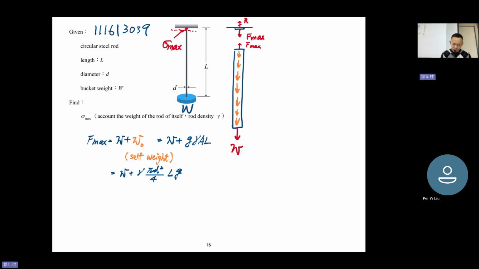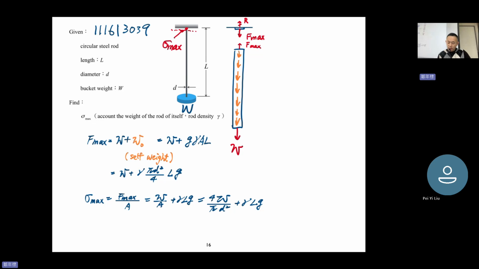So you got F max. Sigma max is F max divided by A, so W divided by A plus gamma L g equals 4W divided by pi D squared plus gamma L g. That's it. So sigma max is 4W divided by pi D squared plus gamma L g.